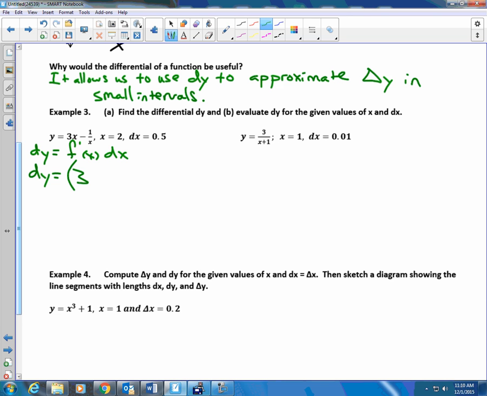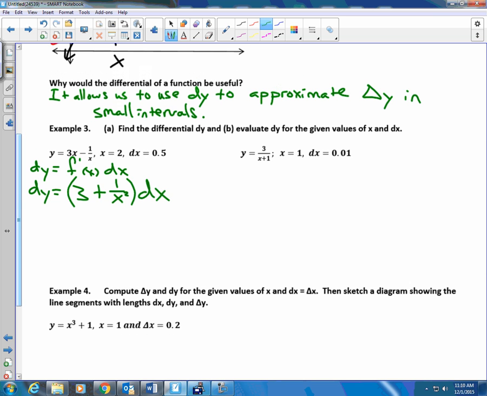And then 1 over x is x to the negative 1. What's the derivative of x to the negative 1? Negative 1 over x squared, and because you have a minus here, it's going to be plus 1 over x squared. Very good. Everybody okay with my derivative? Times dx. So this is the formula that we use, f prime of x times dx.